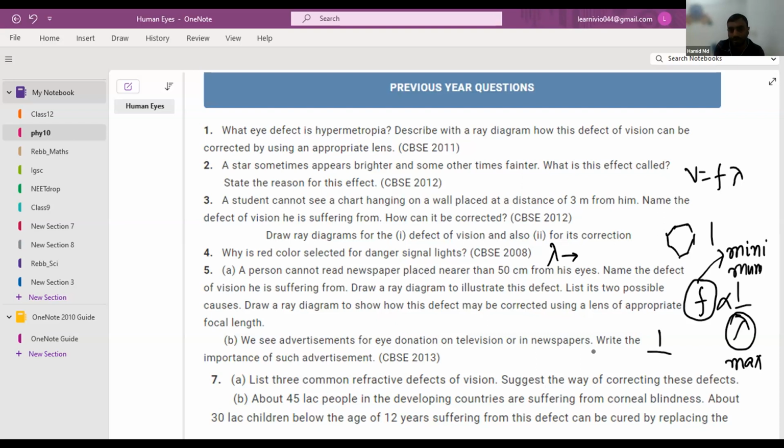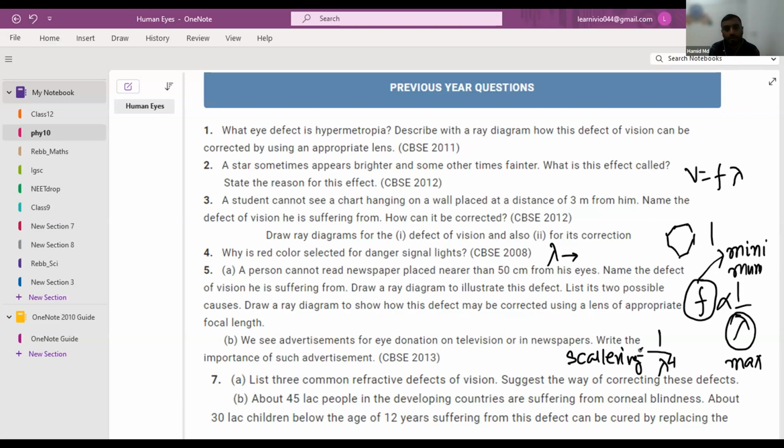Scattering is proportional to 1 over lambda to the power 4, if I remember. So scattering is inversely proportional to wavelength. Wavelength is maximum, that's why scattering is minimum. Clear? Yes, sir. That's why the red color is used for danger signals.